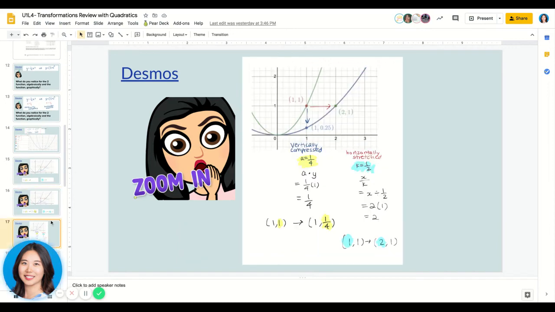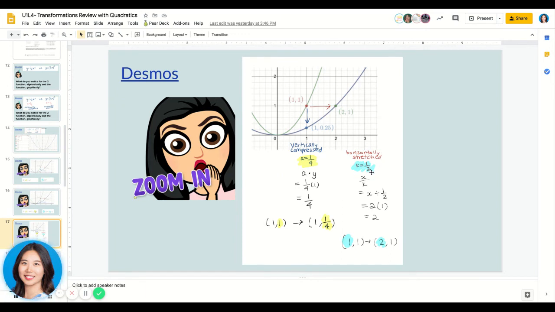So when we go back down here, okay, the a value is a quarter. So for me to get my new y value, I must have done a times the y. So 1/4 times the y value of 1, and therefore I get 1/4. When I go over here and look at the horizontal stretch, the k value is a half.